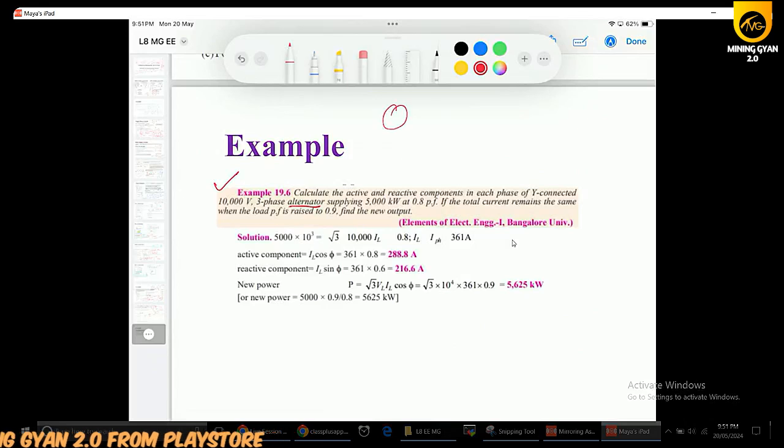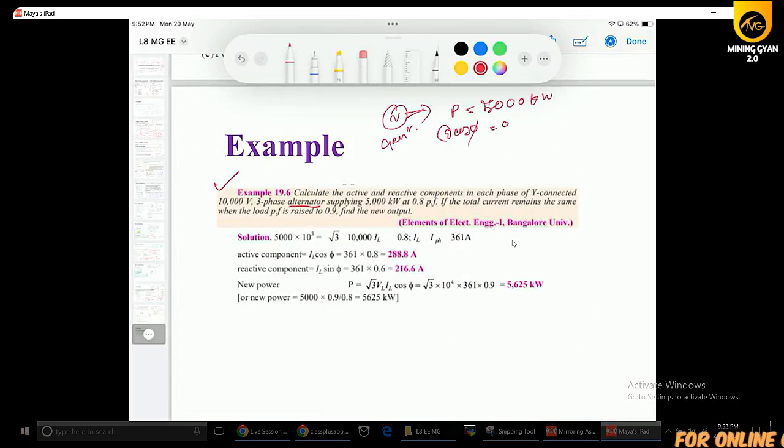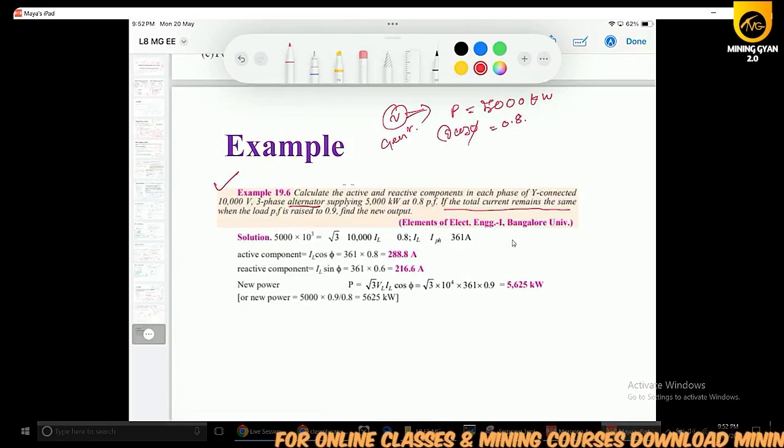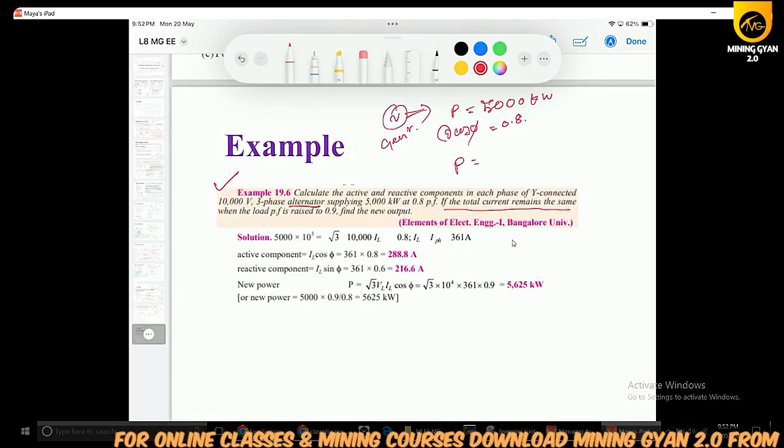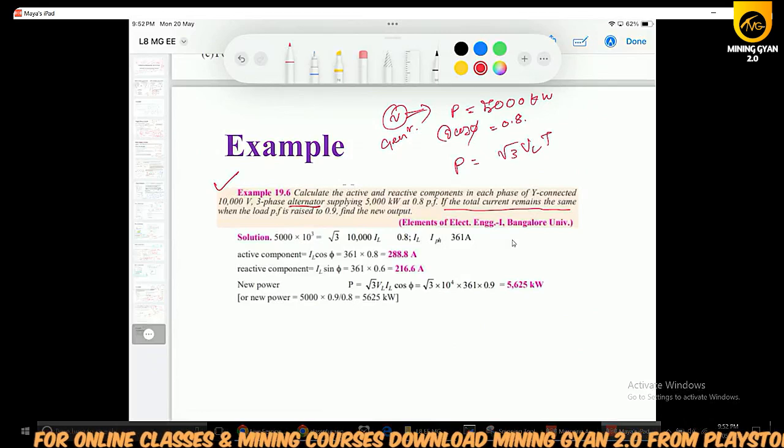This is the AC generator that supplies 5,000 kilowatt of power at cos phi of 0.8 power factor. If the total current remains the same when the load power factor is raised to 0.9, then find the new output. The power equals root 3 VL IL cos phi.